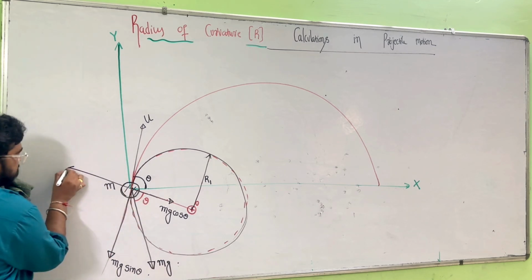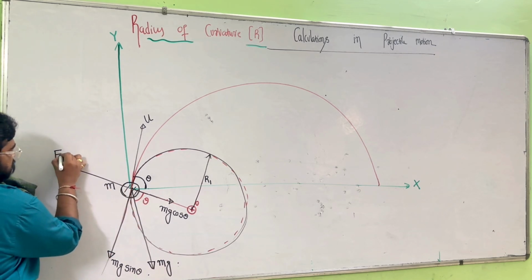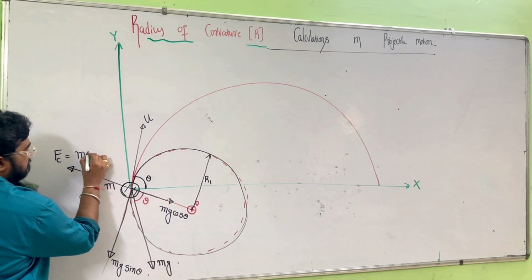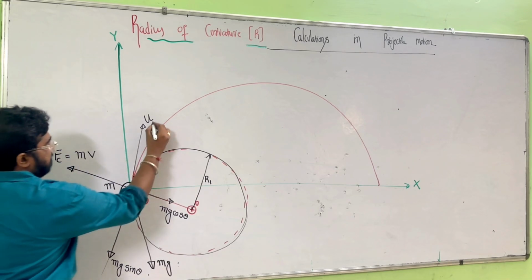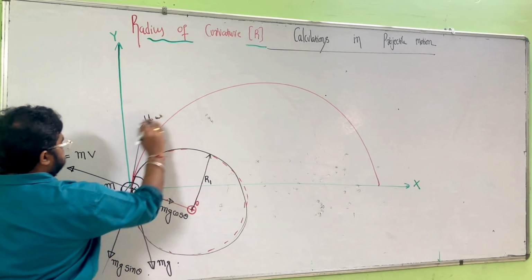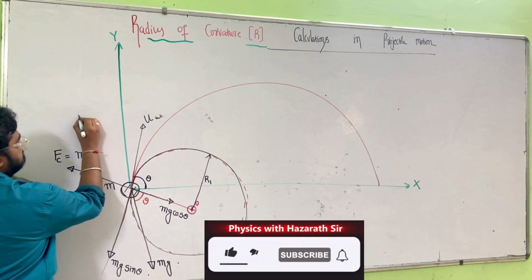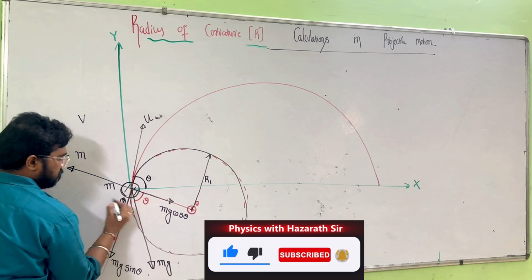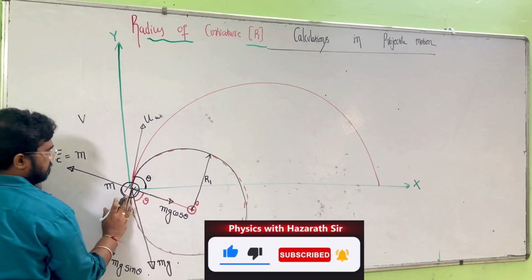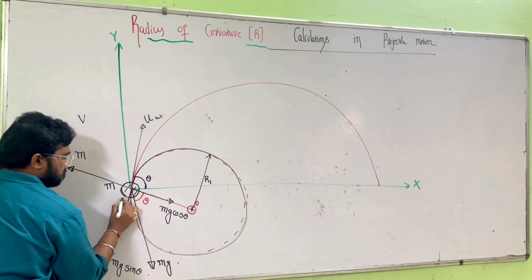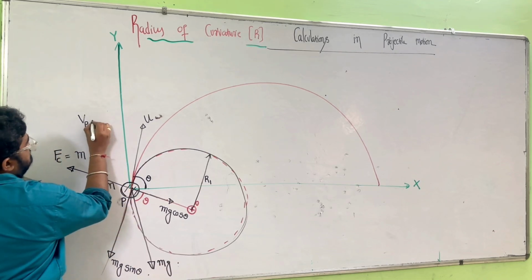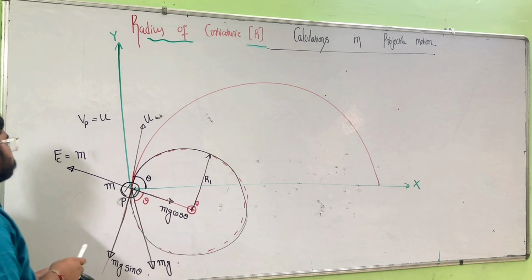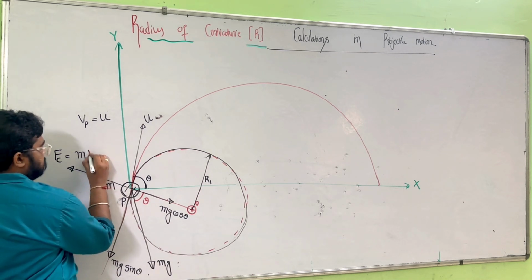Centrifugal force is acting: m into the corresponding v squared. Corresponding v how much? V at the point of projection P. At the point of projection, Vp equals u.